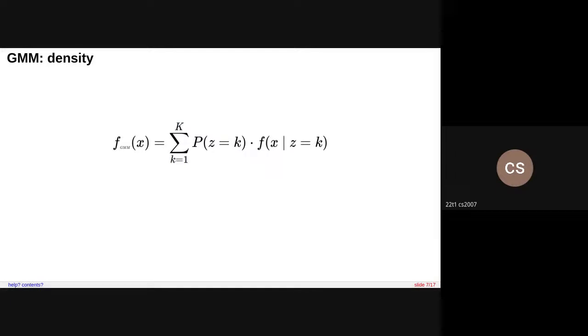Like a PDF? The PDF, yeah, the probability density function of the Gaussian. Is that clear? In the lectures, probably you would have seen a semicolon mu k sigma k. I am not using that, but it's the same thing.